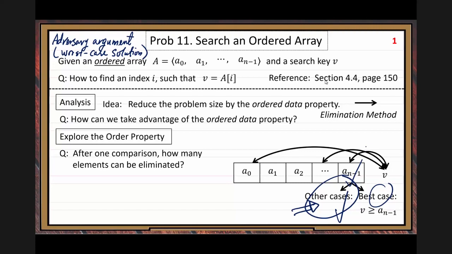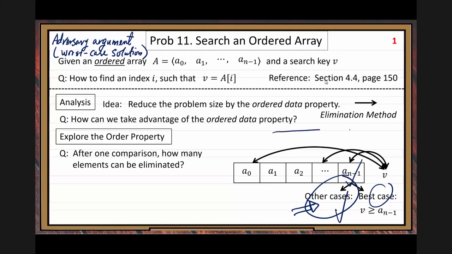Reduce the harm. The adversary will try to make us suffer, but we want to control the damage, or we want to minimize the damage. So here, you can see we have a lot of freedom.